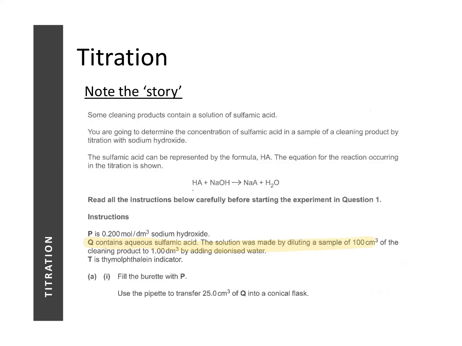Somewhere in the introduction, they will tell you what is solution P and what is solution Q, or how solutions P and Q were prepared in this titration. So this piece of information is going to be very important for you to solve the last part of the chemical calculation.